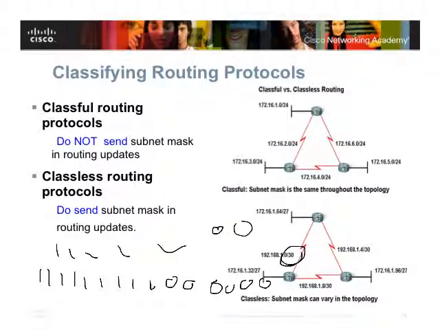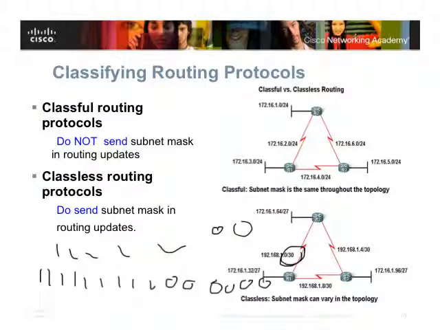So for classless, now I have to send the subnet mask as part of the routing update, which is an overhead, but this overhead I have to do for a reason. Because then I can use the IP addresses more efficiently and divide them between the different networks much more efficiently.